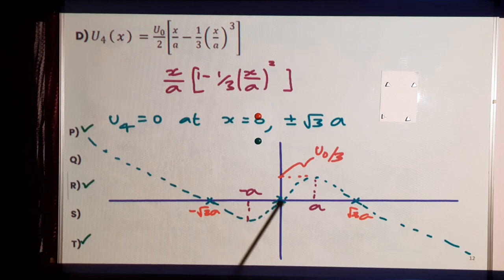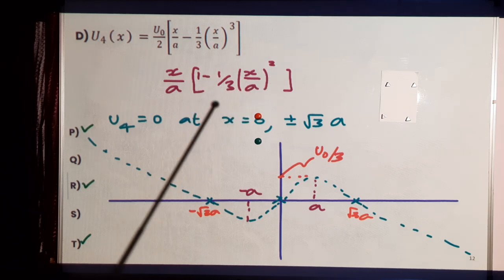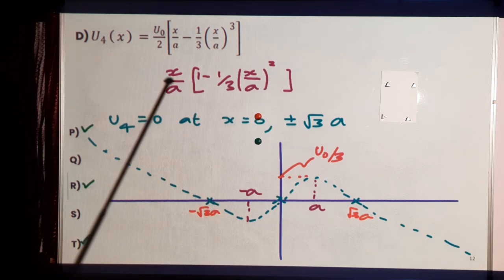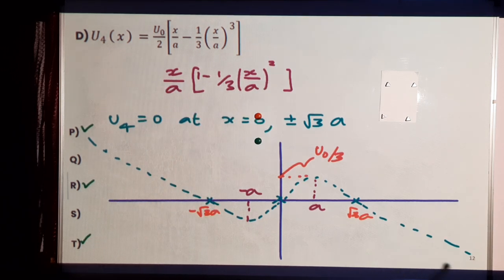So the zeros are 0, plus root 3 a and minus root 3 a. For large positive values of x, this thing is a negative quantity and this is positive, so it will become negative, so it's minus infinity. For large negative values, this thing is negative and this is also negative, so the product is positive, so it's plus infinity. So the cubic function looks like this.